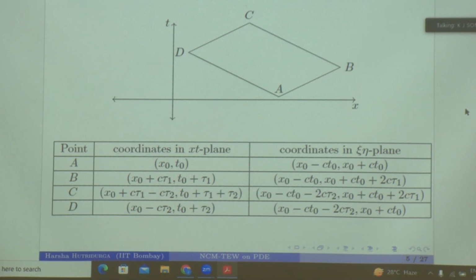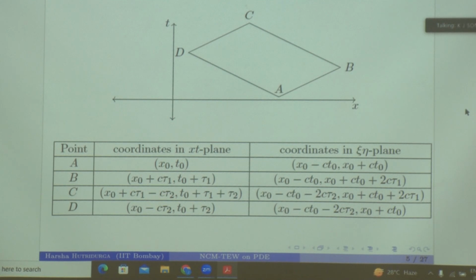By the way, the way I have written it, t is here, x is here. But it doesn't matter for what we are doing. So let's start with this point A. A has got two coordinates, x naught.